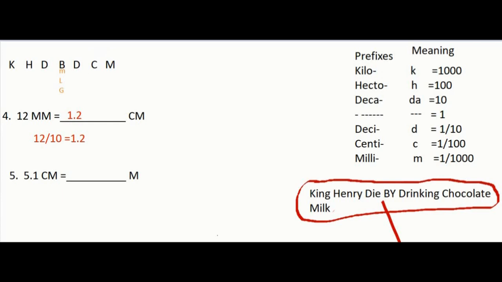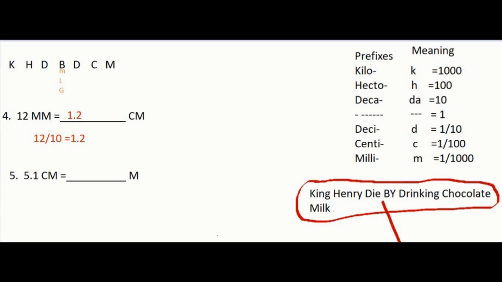Let us do number 5, and this is the final example. Here we have 5.1 centimeters, and we are going to convert this to meters, right? So we are going to convert a smaller unit to a bigger unit. Therefore, we must divide or move to the left.